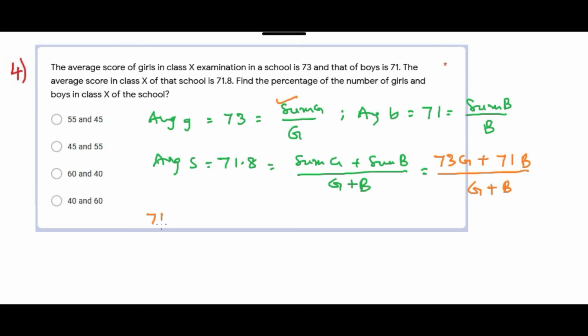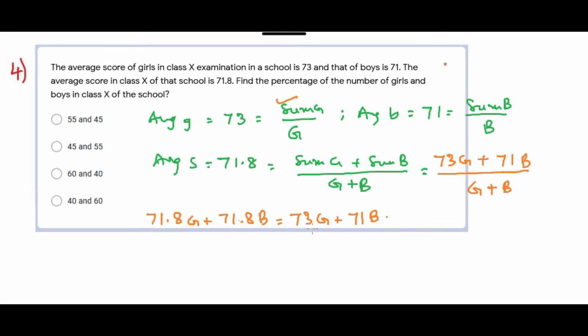It is 71.8 into G plus 71.8 into B is equal to 73G plus 71B.